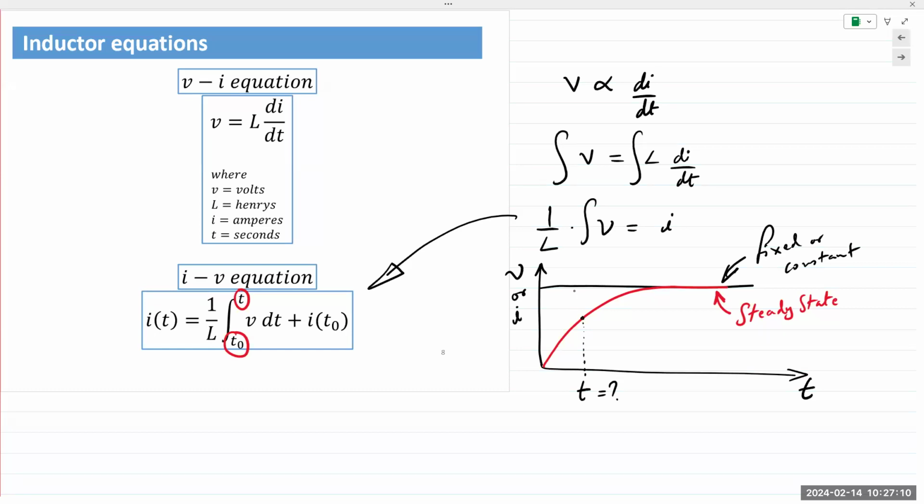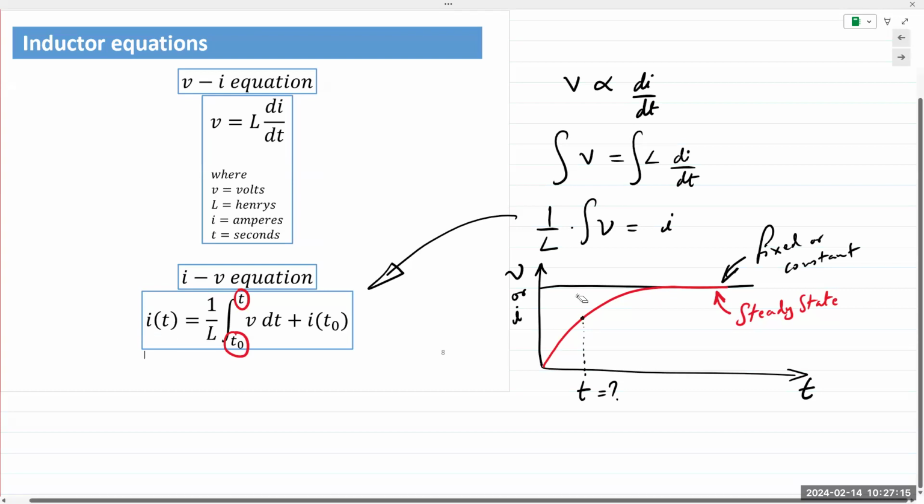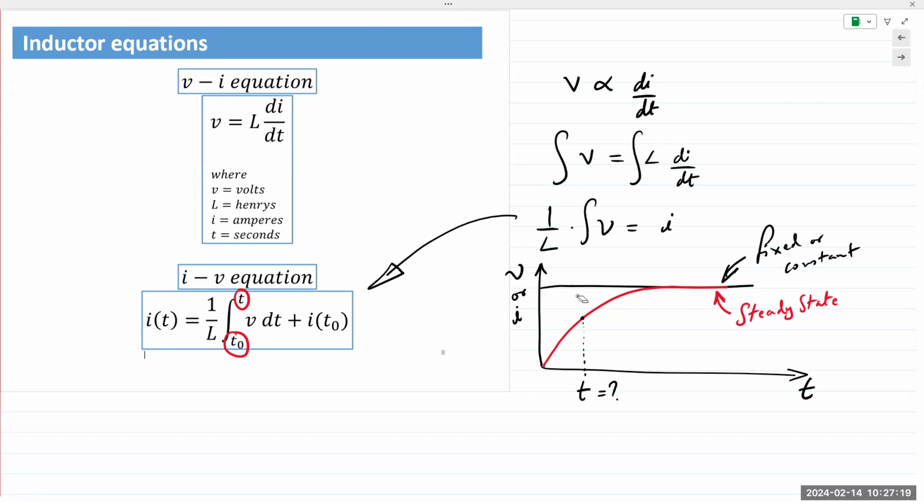So when it states i of t, it's simply stating the current as a function of time. That time is the variable. It could take multiple values. And t0 is the beginning of time.